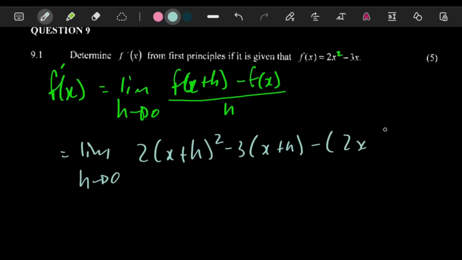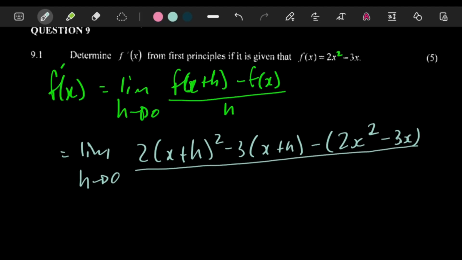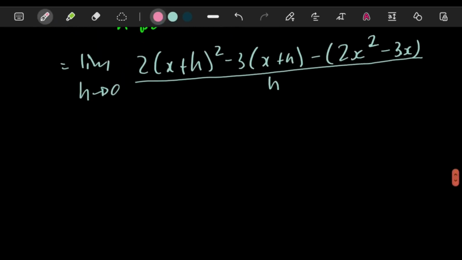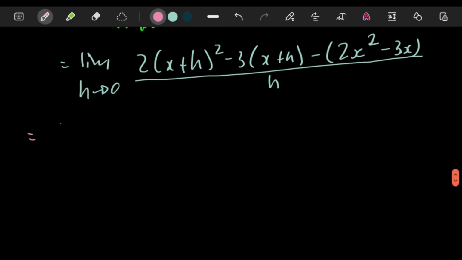So you have to put 2x squared here. What you've got is 2x squared minus 3x, the whole thing over h. The limit as h goes to 0.